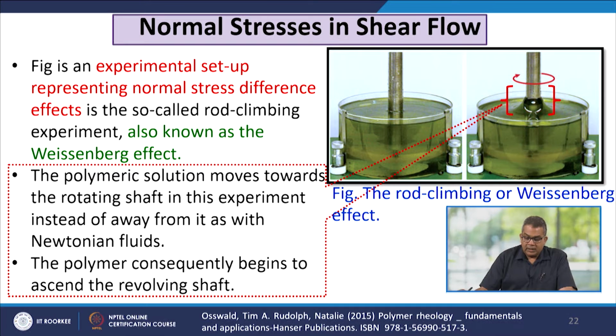Now, an experimental setup representing the normal stress differences effect is the so-called rod climbing experiment, also known as the Weissenberg effect. The polymeric solution moves towards the rotating shaft in this experiment instead of away from it as with a Newtonian fluid. The polymer consequently begins to ascend the revolving shaft.